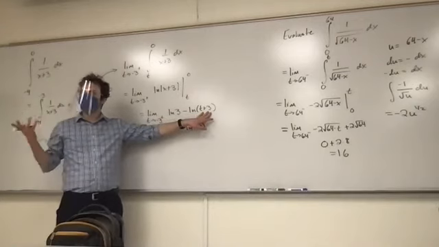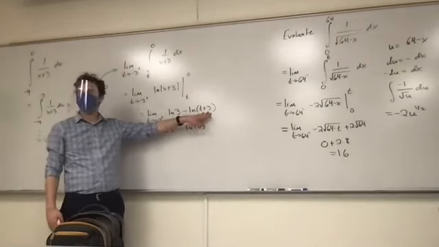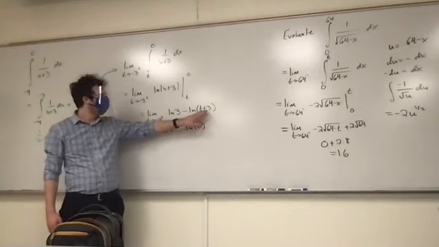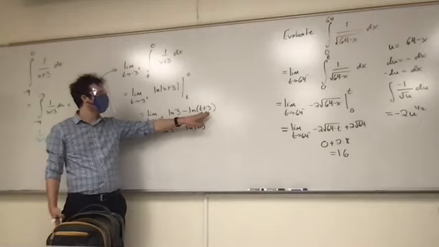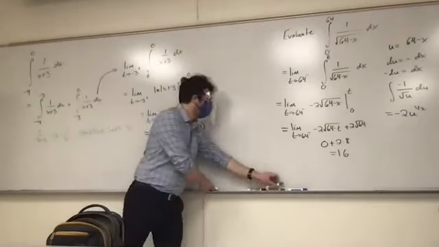And what happens if you put things going to 0 inside a natural log? The natural log has an asymptote right there.